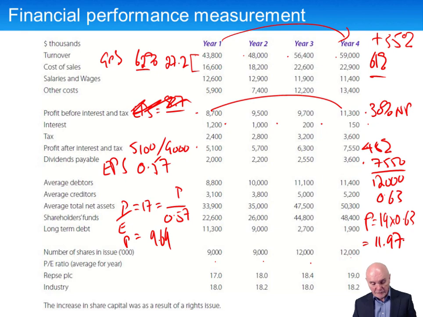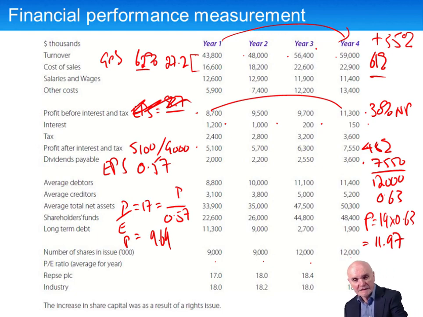So roughly speaking, gone from about 9.7 to about 12 over the three-year period, and that's quite a nice increase. So roughly speaking, it's 12 minus 9.7, divided by 9.69. That's about a 24% increase.